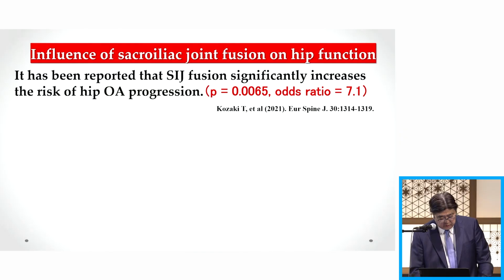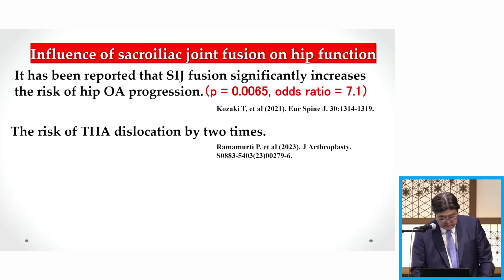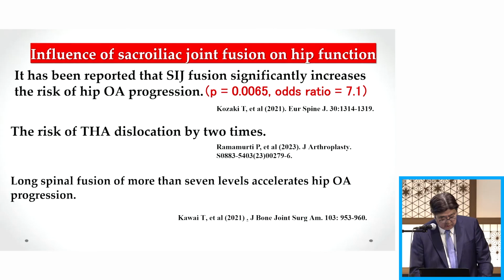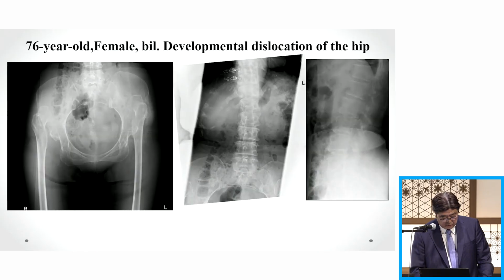It has been reported that SIJ fusion significantly increased the risk of hip OA progression with an odds ratio of 7.1 and increased the risk of THA dislocation by 2 times. Also, long spinal fusion of more than 7 levels accelerates hip OA progression. Taken together, the hip and the SIJ influence each other.